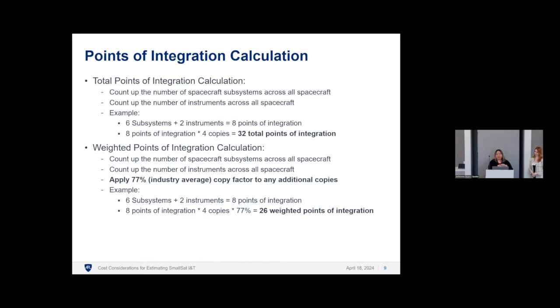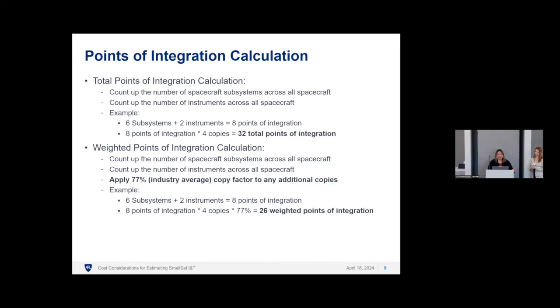So for the total points of integration CER, you count up, so every single spacecraft subsystem is a point of integration, as well as each of the instruments. So for example, if you have 6 subsystems in your spacecraft and 2 instruments, that's 8 points of integration. And if you have a constellation of 4 of those identical units, that's 32 points of integration.